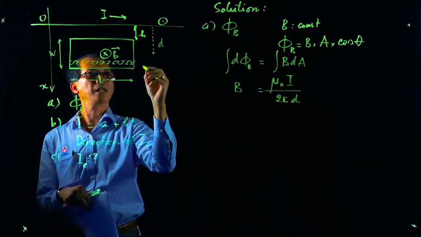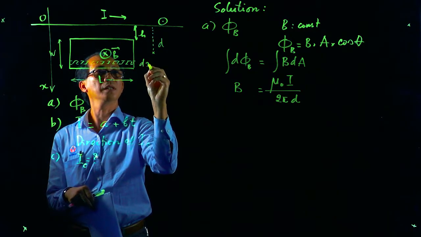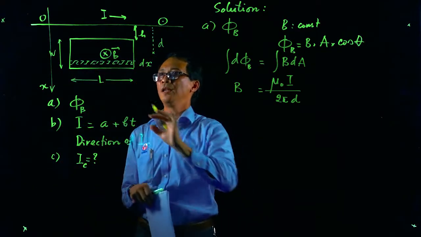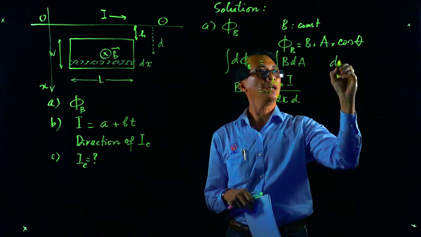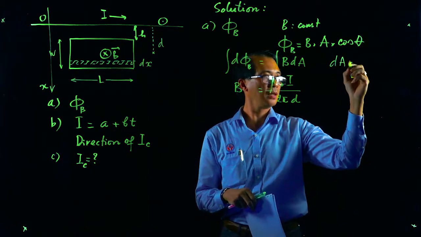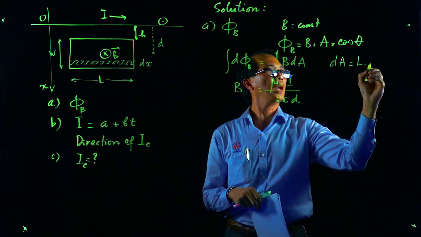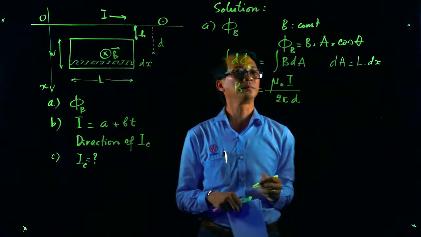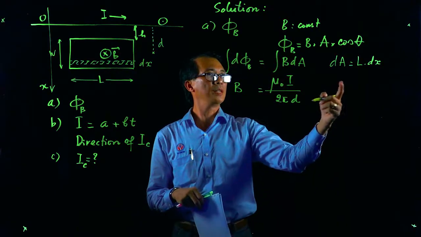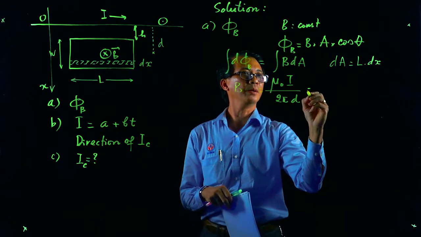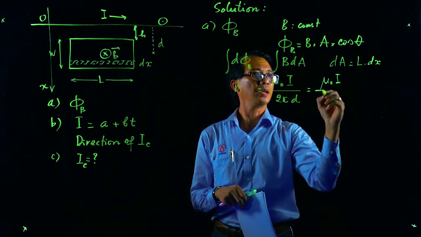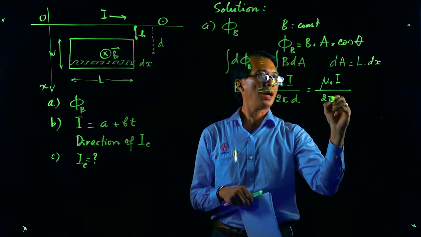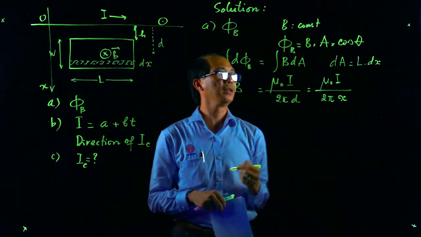The height of that, of course, is dx, right? And with the length, in this case I have dA is L multiplied with dx. Okay, so instead of d here, I will use x, so 2 pi x instead of d.